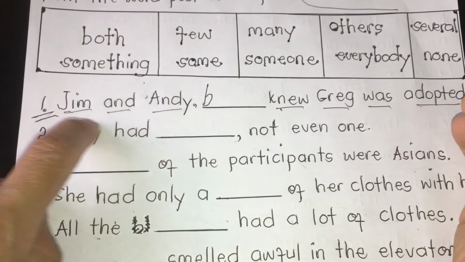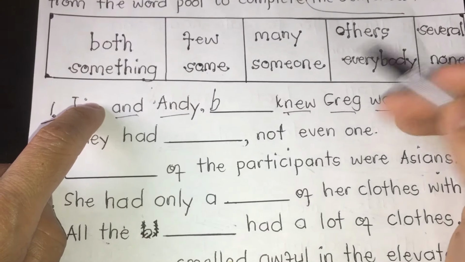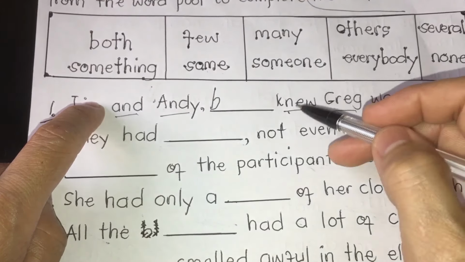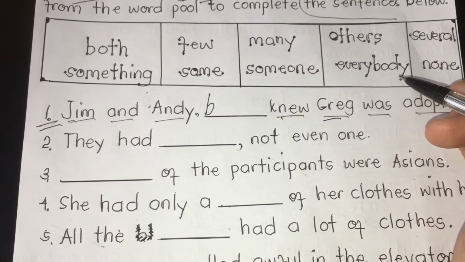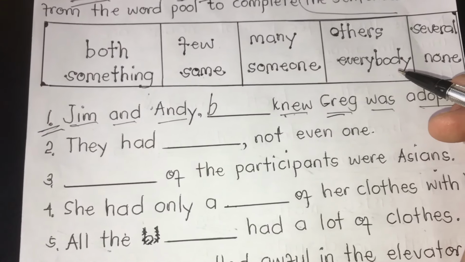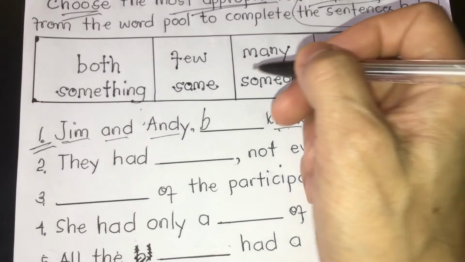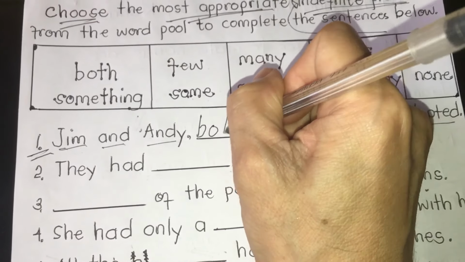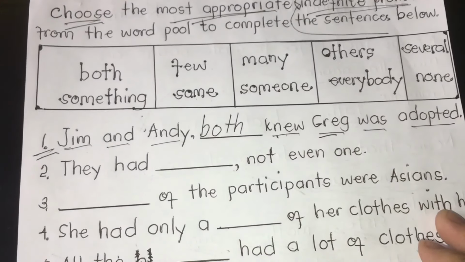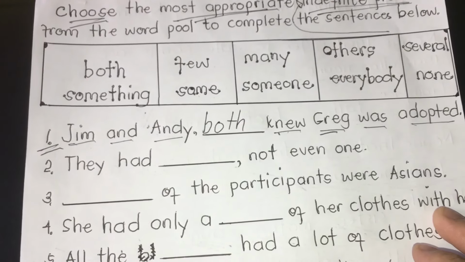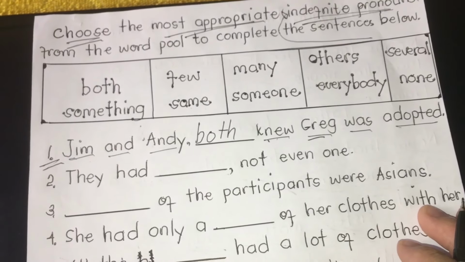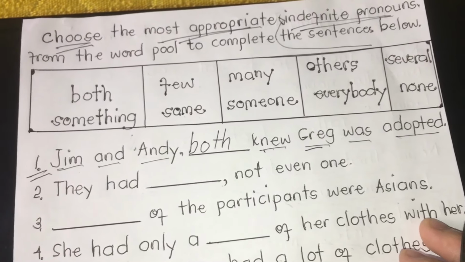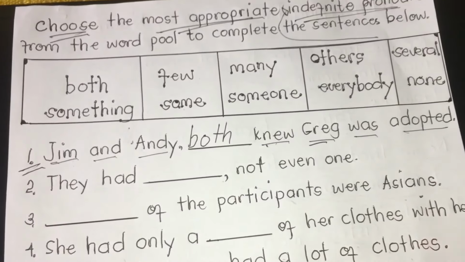Knew is our verb. So we're going to choose the word both. Jim and Andy both knew that Greg was being adopted. They knew it. So we need to choose both.